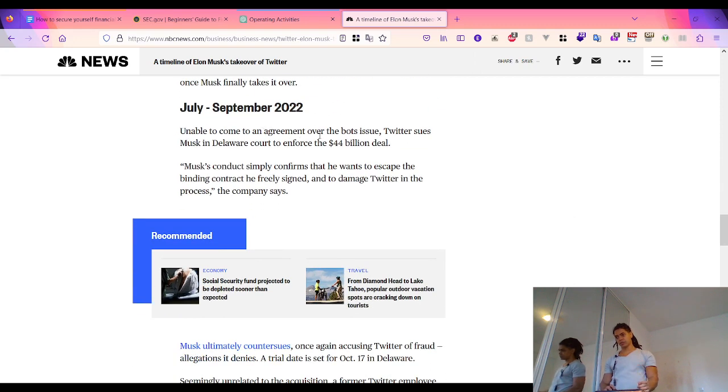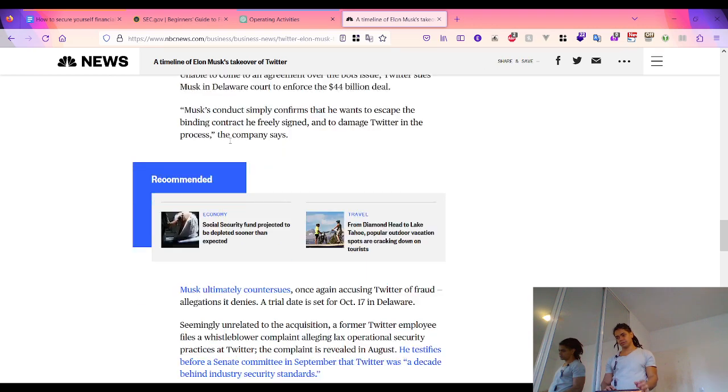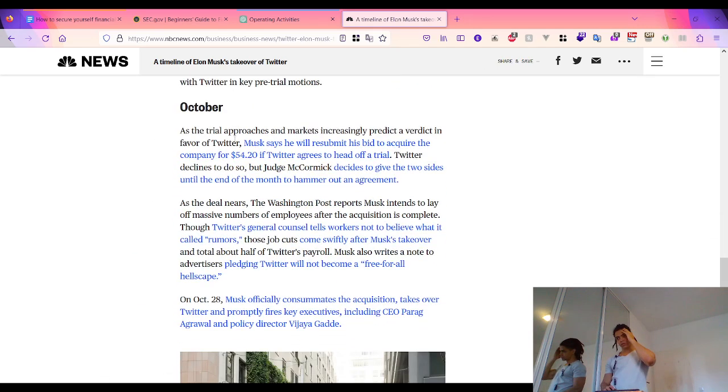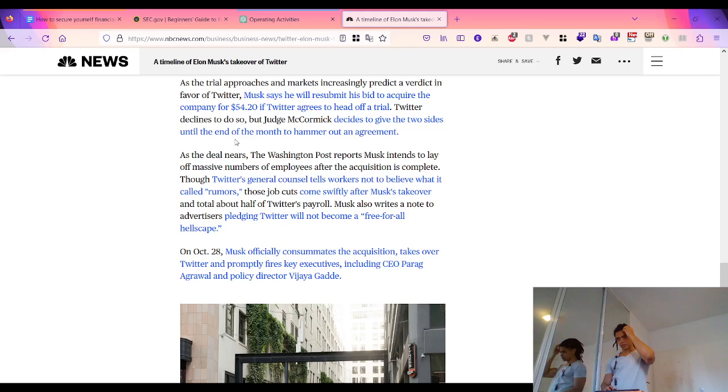Unable to come to an agreement over the bot issue, Twitter sued Musk in Delaware court to enforce the $44 billion deal. In October, as the trial approached and its verdict was increasingly predicted in favor of Twitter, Musk resubmitted his bid to acquire the company for $54.20 if Twitter agreed to head off a trial.